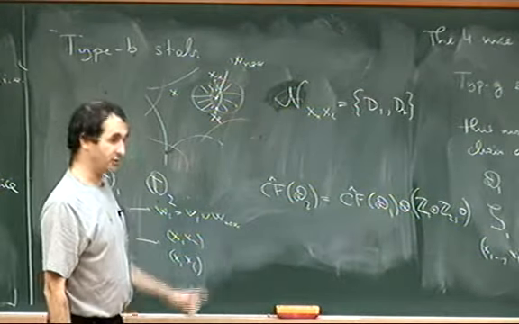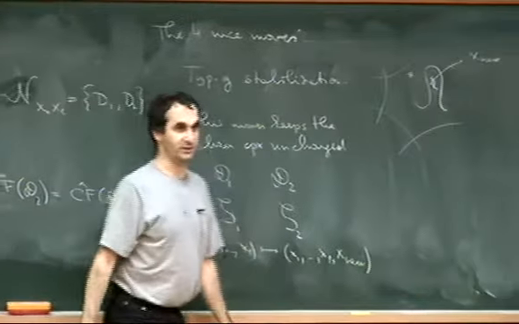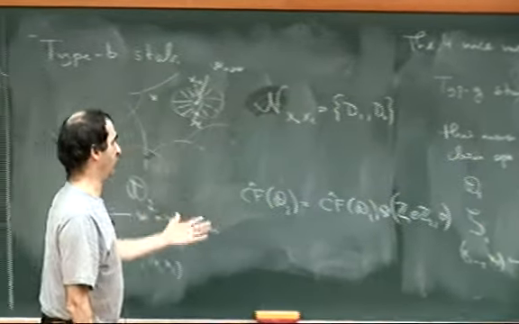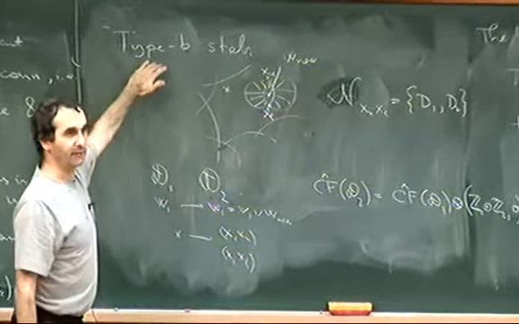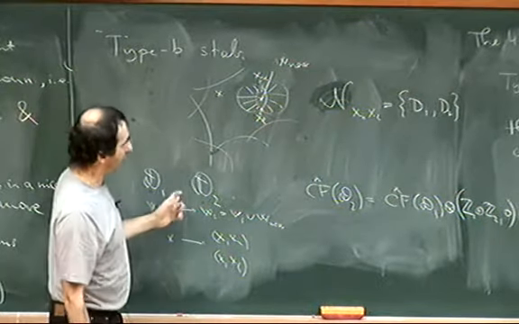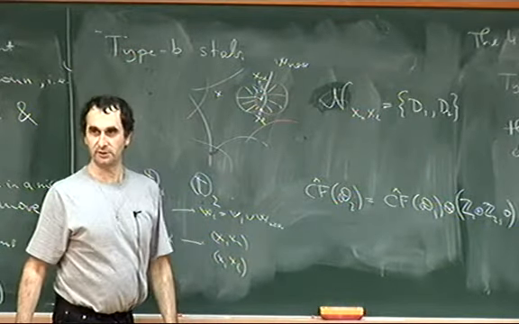Right? So this is exactly the answer to your question. This is where these Z2 plus Z2s come in. Okay, so you have to do it a couple of times. Well, for one type B stabilization only once. But we also increased the number of base points, so the stable Floer homology didn't change.